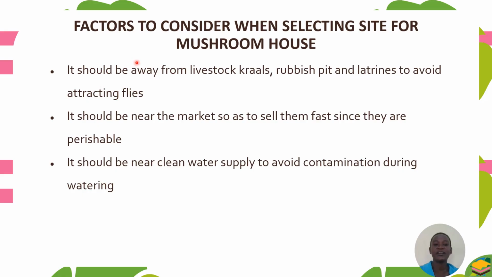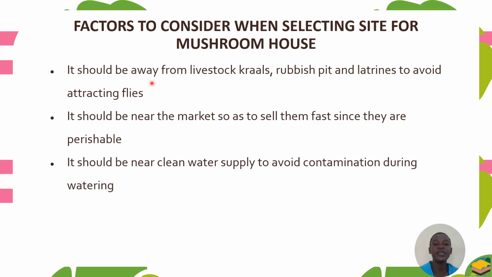And there are also factors to consider when selecting a site for a mushroom house. Earlier, we just mentioned the conditions a house where you're going to cultivate your mushroom should have. But now, where should we construct a house? Where should we construct a mushroom house?